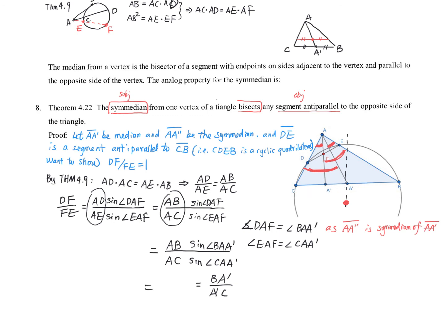And you do know A prime is the midpoint, and therefore this ratio is 1. That's exactly what we want to prove.